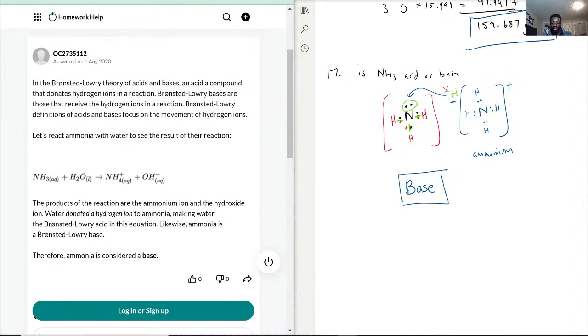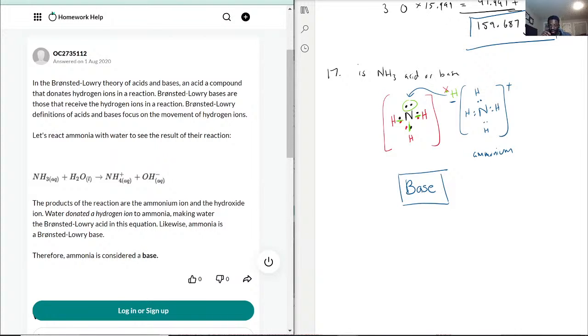They wrote it like that, which is completely fine as well. Point being, it makes it the base, because what this formula is saying is that it's taking a hydrogen, a proton, from water to form that acid. So NH3 is a Bronsted-Lowry base.